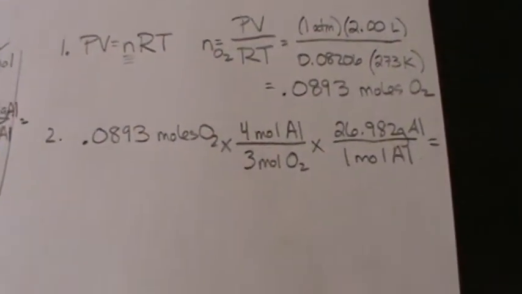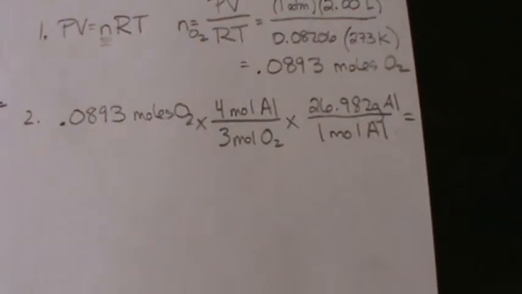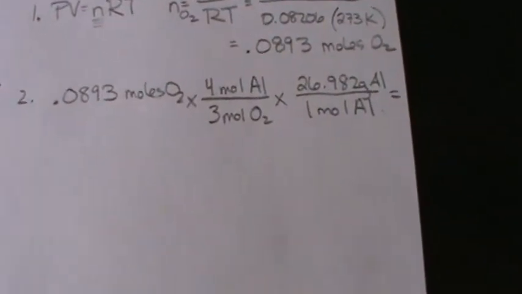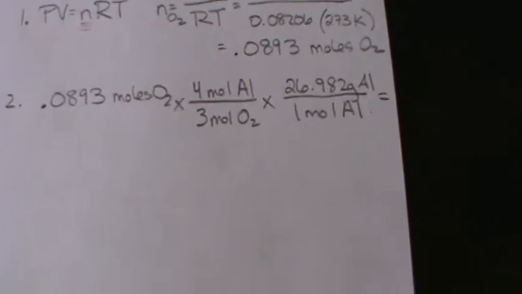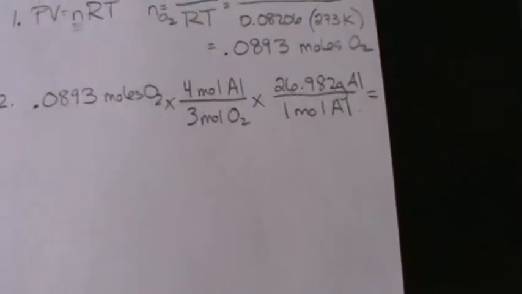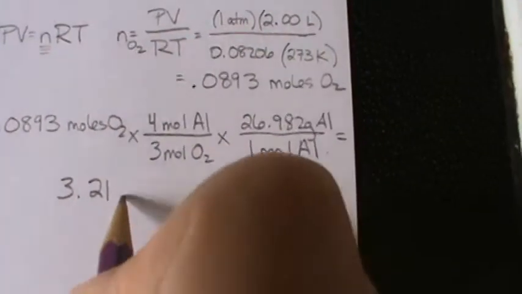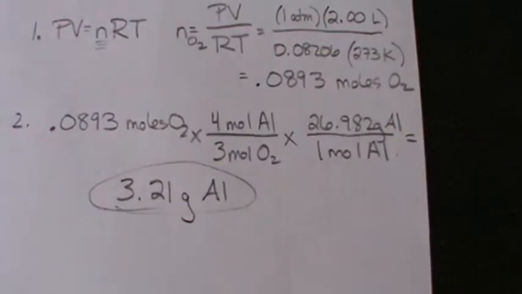So if I do this, I take my 0.0893 and multiply it by 4 and divide it by 3, and then multiply it by 26.982, and brilliantly I get 3.21. I must have cut this off a little bit early, which is probably a no-no, but 3.2 grams of aluminum. And you can see that they match.